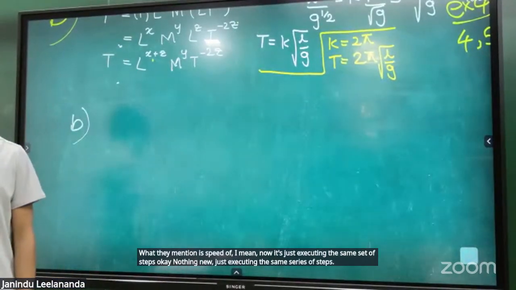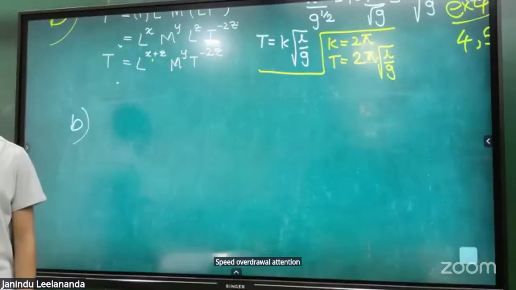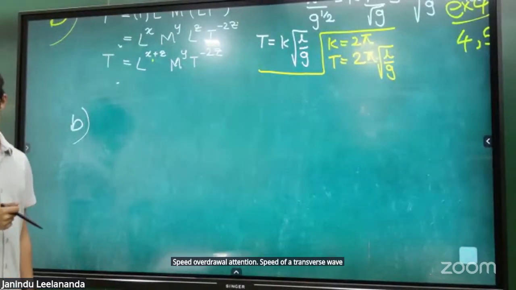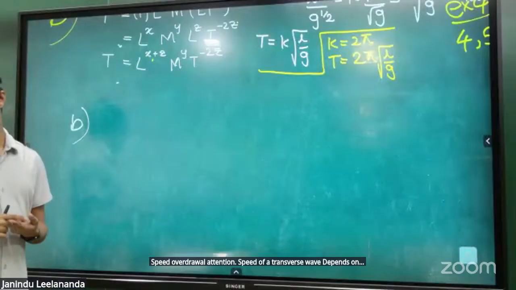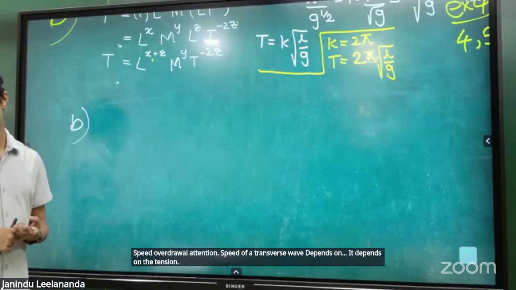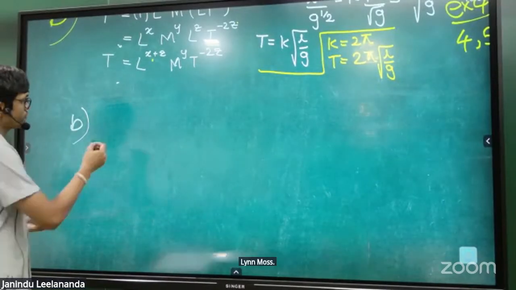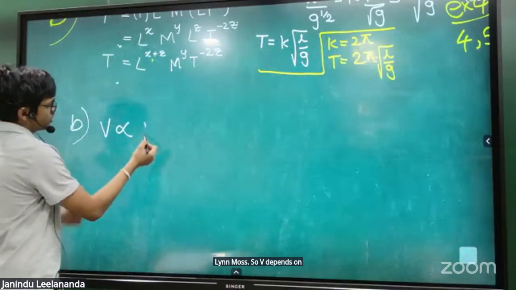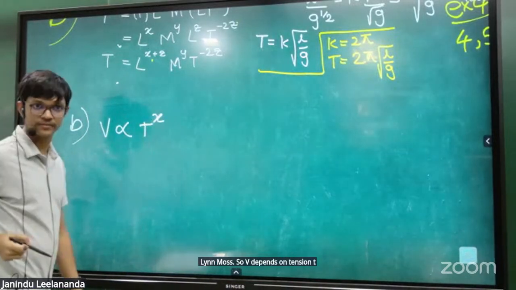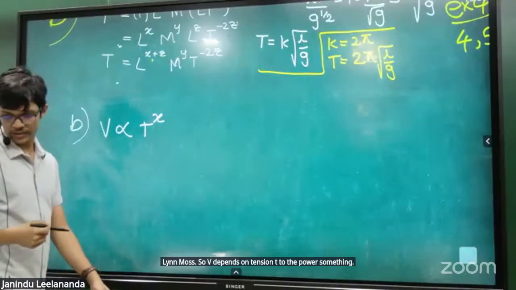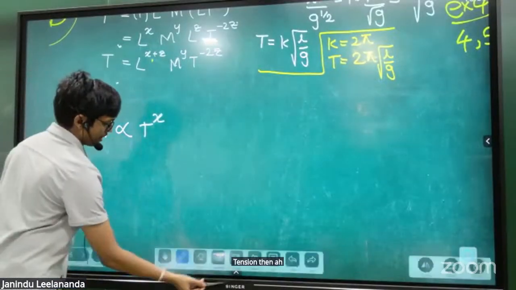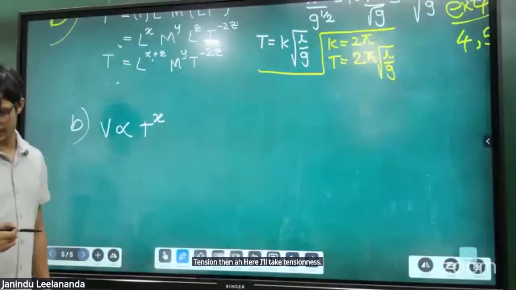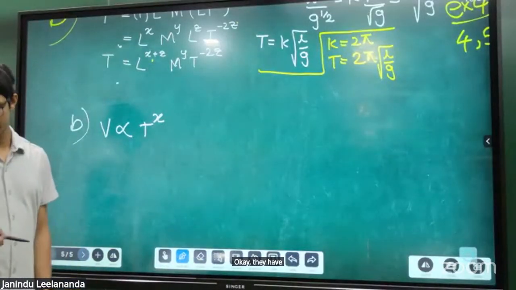Speed of a transverse wave depends on the tension, length, mass. So V depends on tension, T to the power something. Here they have given T to the power X.